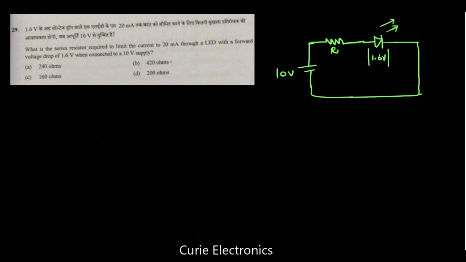Now if you want to calculate R, it equals what? The resistor is connected between 10 volt and the 1.6 volt LED drop. So R equals 10 volt minus 1.6 volt upon the current. What is the current flowing through the circuit?